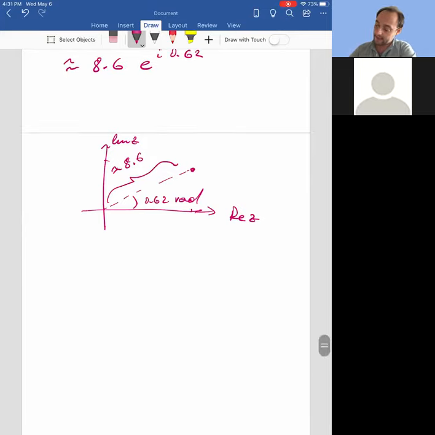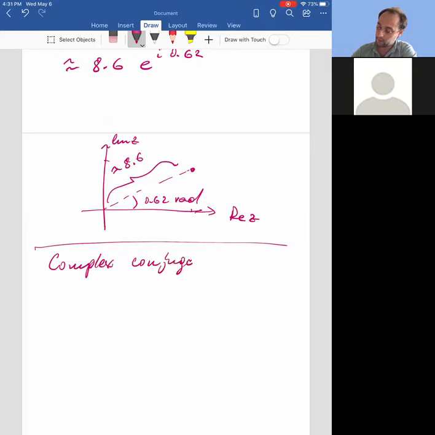Now, the next idea is something called the complex conjugate. Given a number z, sorry, don't mind that sometimes I'm using c, sometimes I'm using z. You should be comfortable with it. z is a standard notation.